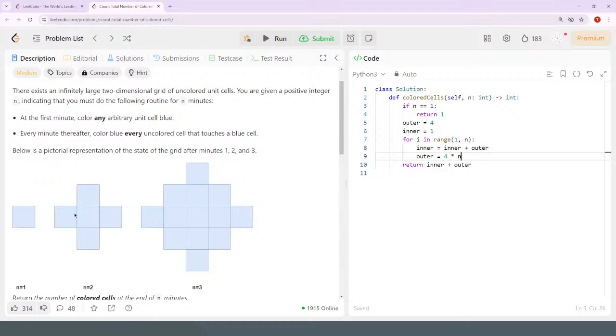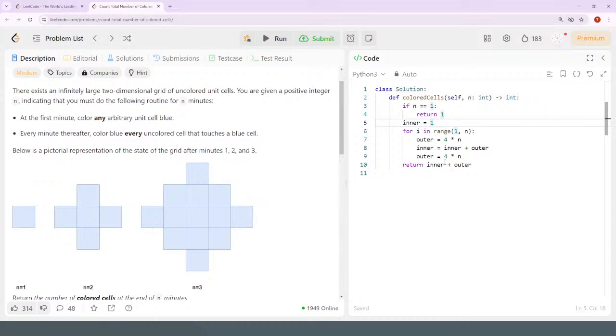So yeah, if I consider this to be I equals 1, I equals 2, if your I is equal to 1, your outer is just going to be 4 times n, and your inner is going to be your previous inner plus that outer one, your previous inner being this one.